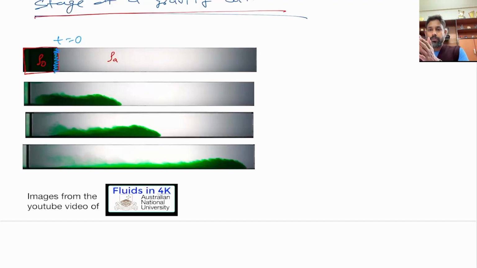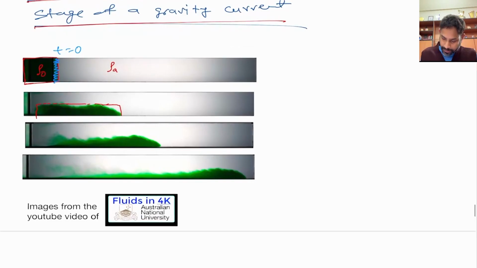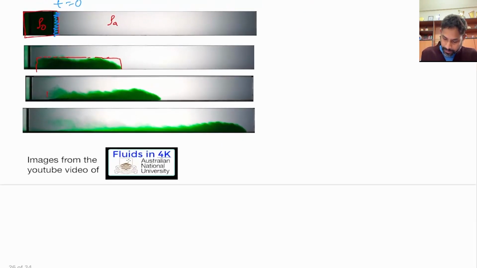This green fluid is now moving towards the right, and you can see that it is roughly a rectangular shape, which we can approximate. It's obviously not exactly rectangular, but we will approximate it as rectangular. First it was a rectangle, now it is a rectangle of longer length and thinner depth, and then it extends further and becomes a rectangle where again the length is increasing and the depth is decreasing.